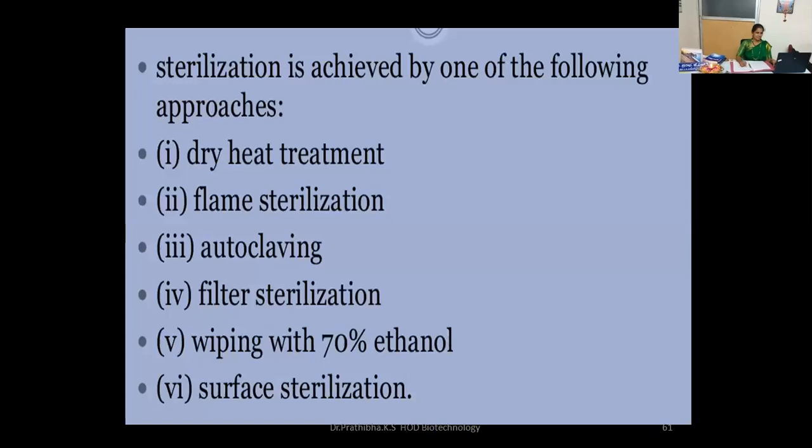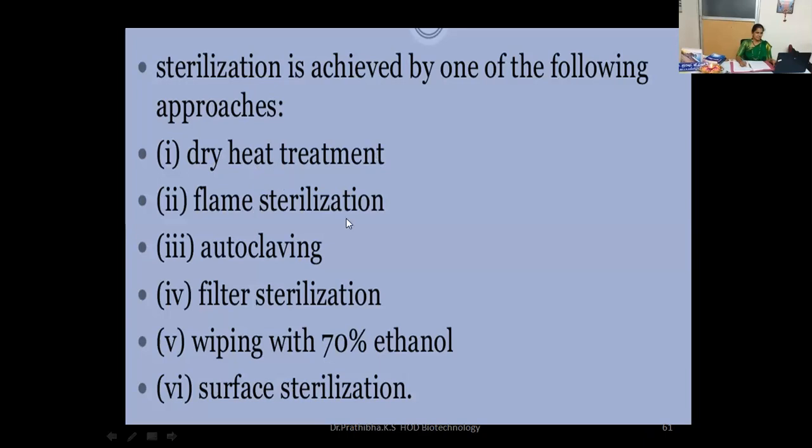The instrument should be dry before sterilization, since water will interfere with the process of hot air oven dry heat sterilization. That's why whenever you keep any glassware in the hot air oven, the water must compulsorily be removed. Dry heat sterilization destroys microorganisms by causing coagulation of proteins.